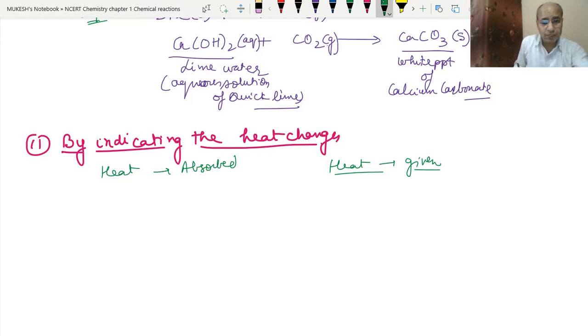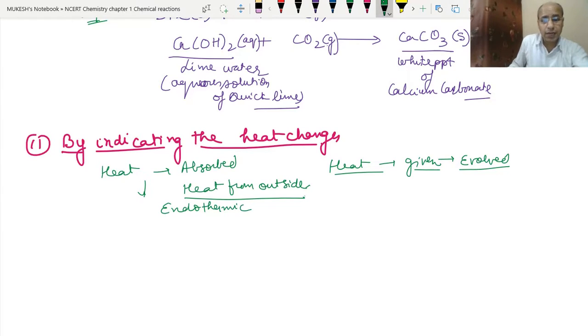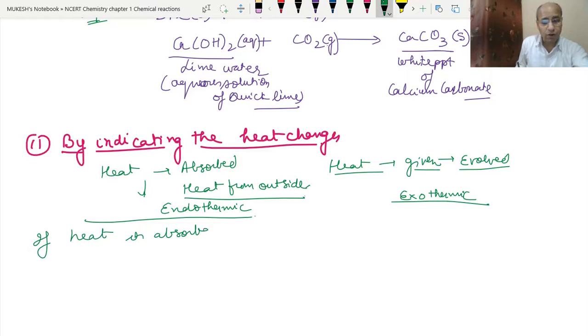When it is absorbed, or in some cases when we give the heat from outside, the heat is being absorbed; when heat is given, it means heat is being evolved. These are endothermic, as we have discussed in the other parts also, and these are called exothermic.